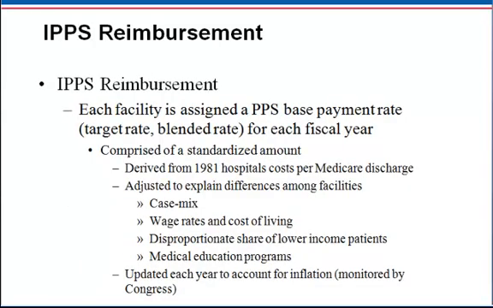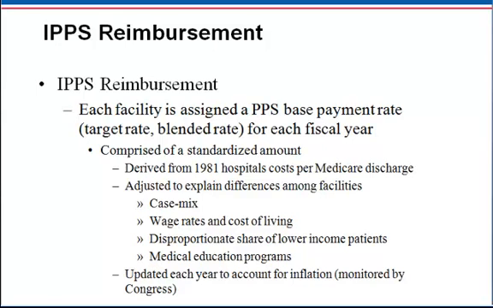As part of the DRG system, a base payment rate is established for each Medicare participating hospital for each fiscal year. The base payment rate is a per encounter rate that's based on historical claims data. The standard amounts are derived from 1981 hospital costs per Medicare discharge figures.